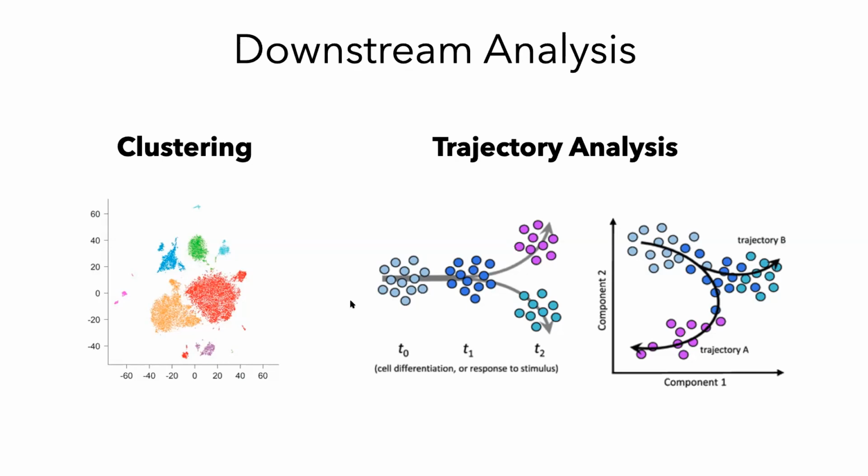Another possible analysis is what's called trajectory analysis, which is going to be possible if you have time series samples. And so a lot of times you're trying to understand differentiation of cells. If you have multiple time points, you have sampled them, then you do sequencing, you want to understand how did the cell differentiate into different types, right?